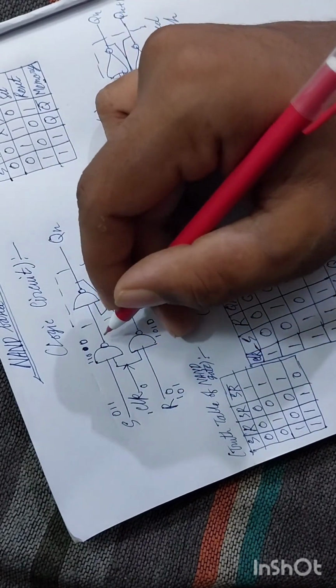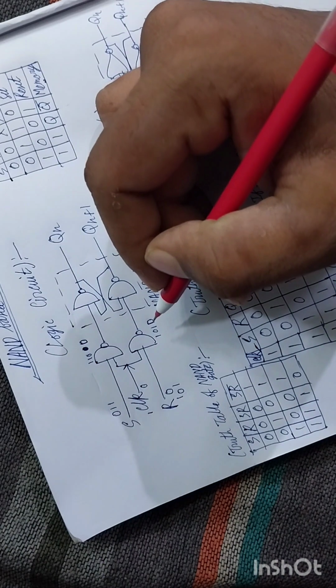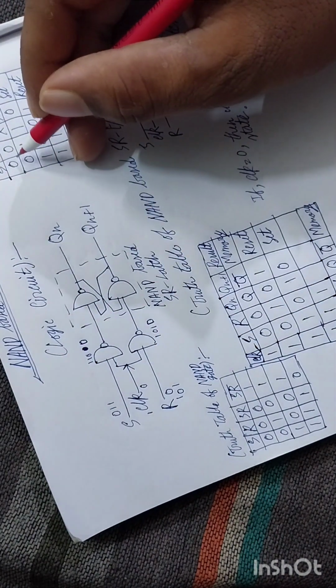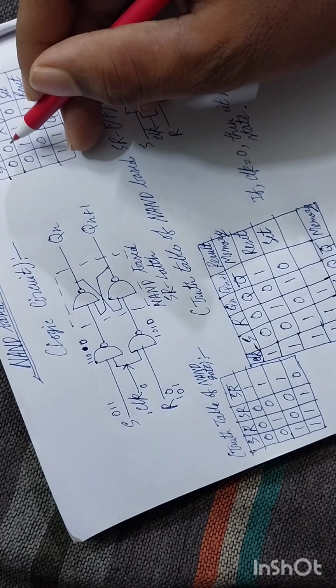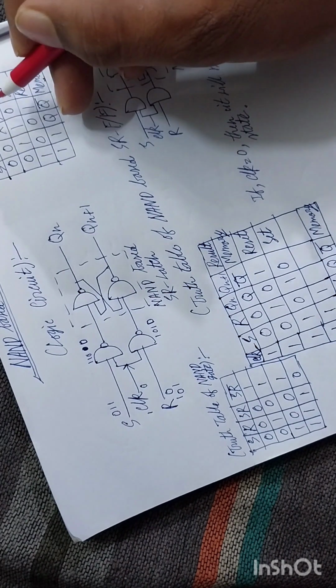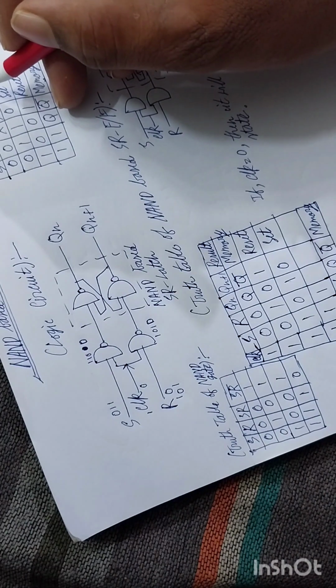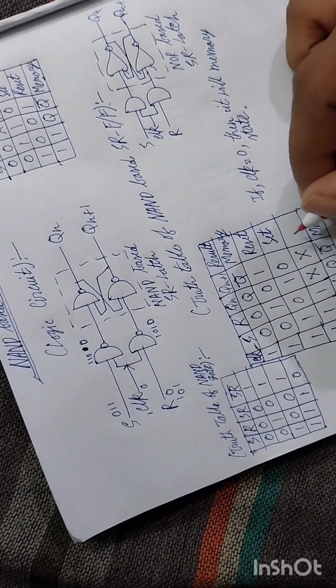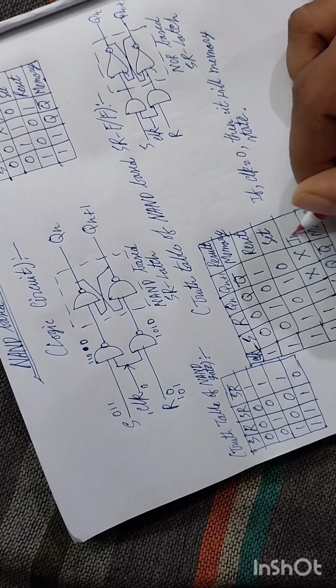So for 1 1 it is coming as 0 0. For 0 0, if we look at the table of NAND based SR latch, we will find that for 0 0 it is coming as invalid. So we will put crosses here and we will write invalid.